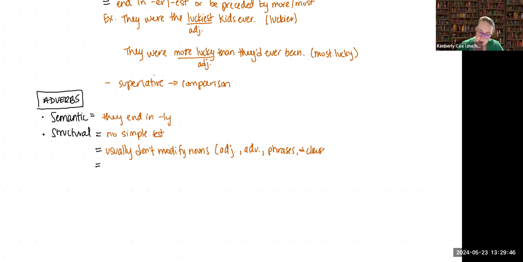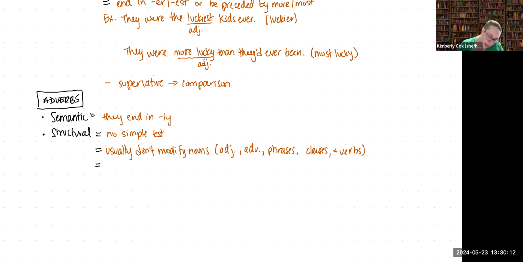As well, I probably shouldn't have put an and there. Let me remove it because they also modify verbs. So one of the ways that you can kind of test as far as adverbs go would be to look for the word it modifies. And if the word it's modifying is not a noun, then that can be a helpful way to test.